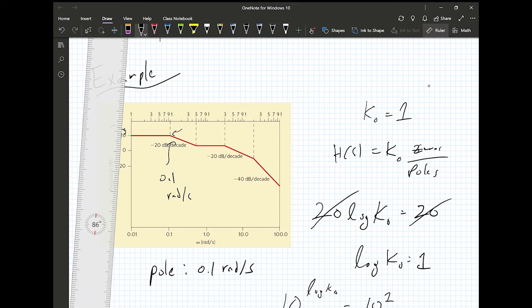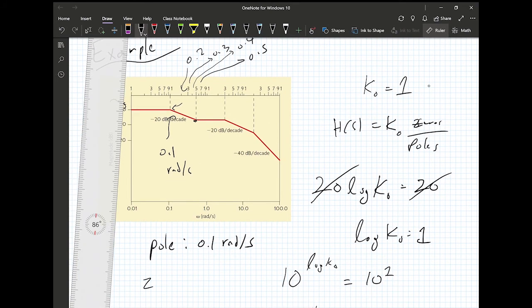Notice that this minus 20 dB per decade slope stops at, so this is 0.1, because this is, by the way, a logarithmic x-axis. So this is going to be 0.1, this is 0.2, this is 0.3, this is 0.4, and then at tick 5, this is going to be 0.5. So there is a zero, right?